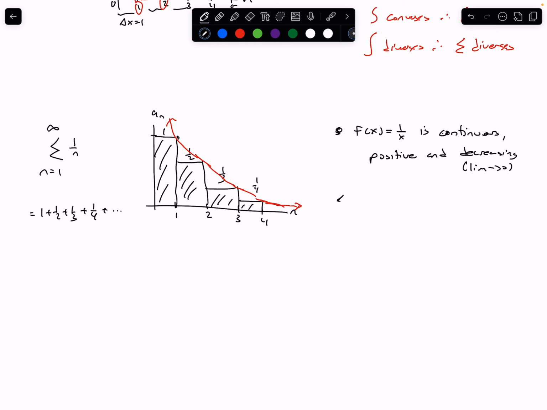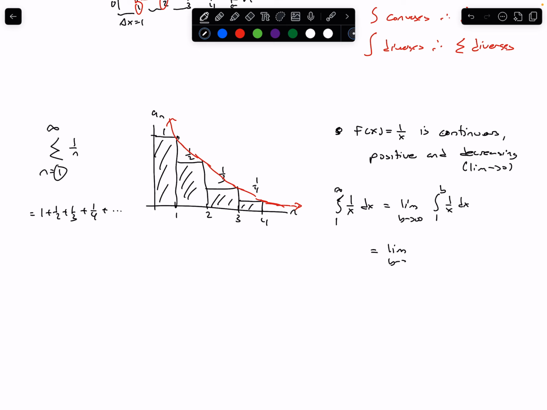Once we have that, we can now solve the integral of 1 over x from 1 to infinity. We start at 1 because that's where the problem starts. This is improper, so we're going to write this as a limit as b goes to infinity of the integral from 1 to b. Now, this is a really easy one to solve.